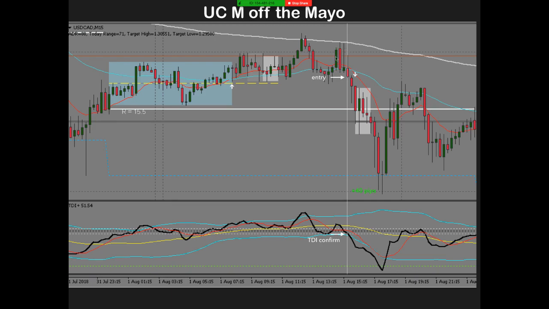And then they gave this pattern here, which is a railroad track and then a pin. Okay, when you see that, that signifies an M on a lower time frame. So you can probably jump down to like an M5 or an M1. You can see an M pattern when you see this kind of structure. Okay, so railroad tracks and a pin, and then a shift below the 13 EMA. RSI crossing the signal line and below the market baseline. Nice 40 pip trade here.